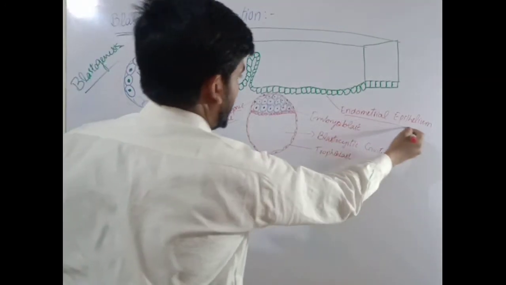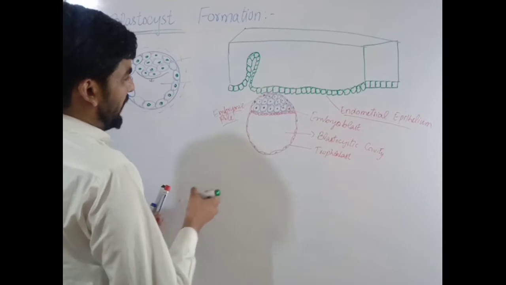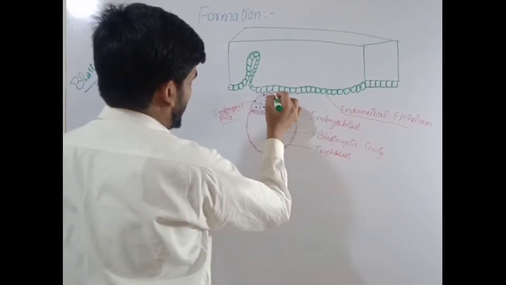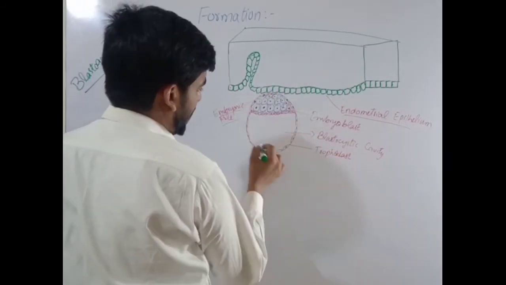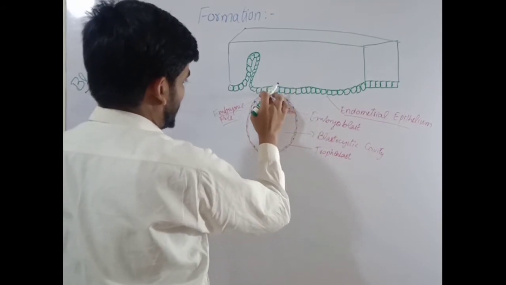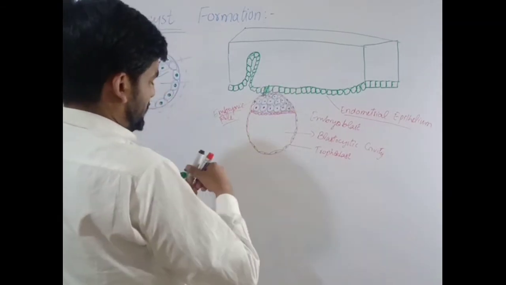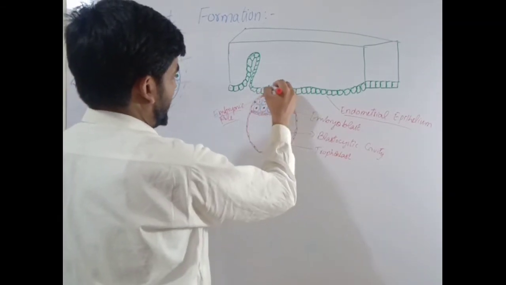6 days after fertilization, the blastocyst at the point of the embryonic pole attaches to the endometrial epithelium of the uterus. At this point, rapid proliferation of the trophoblastic cells occurs, and the trophoblast penetrates the endometrial membrane.